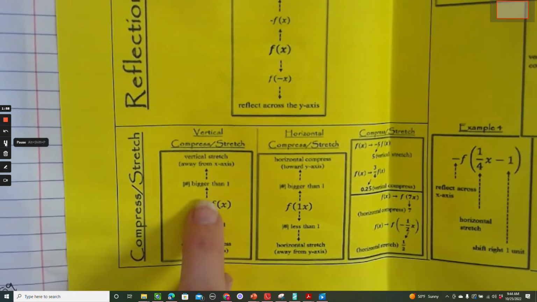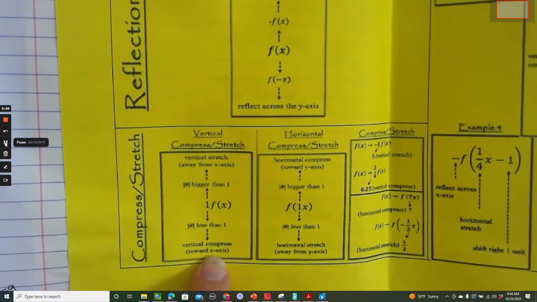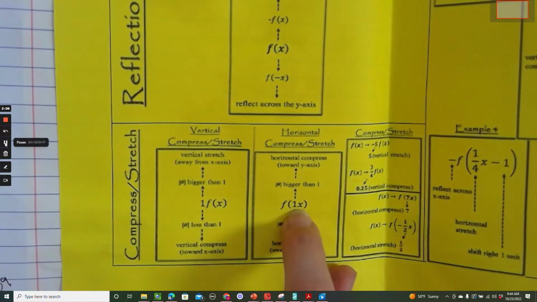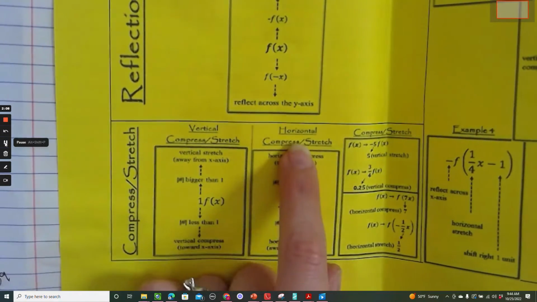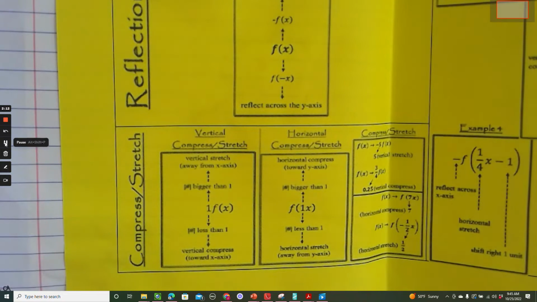If the number in front of the f is less than 1, it's a vertical compression. And then here, if they put a number in front of just the x, we're talking about a horizontal compression or stretch. And when they're saying compression or stretches, if I stretch something, I'm pulling it like this. If I'm compressing something, I'm pushing it like this, okay?